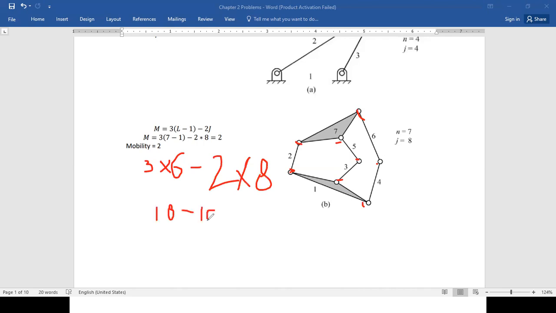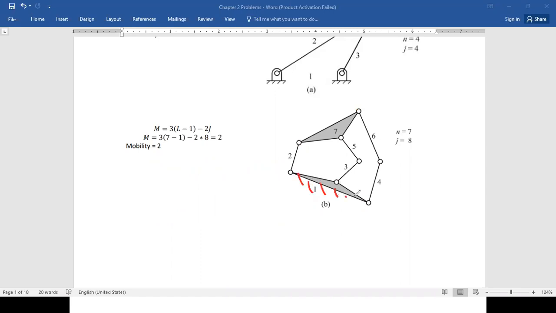So if we want to control this mechanism, we need to have 2 controllers, 2 actuators. Here we didn't specify where the ground is. Any of your links can constitute the ground. You should take a frame and fix this frame to any of your links. Let's say, for example, this is my ground.